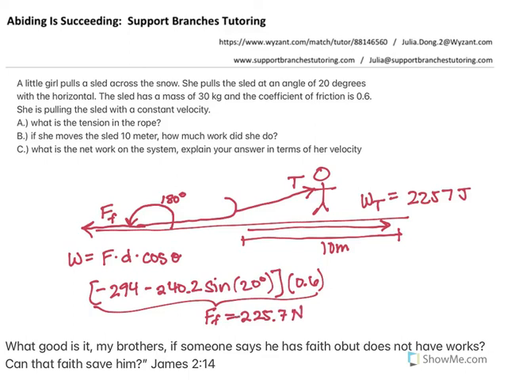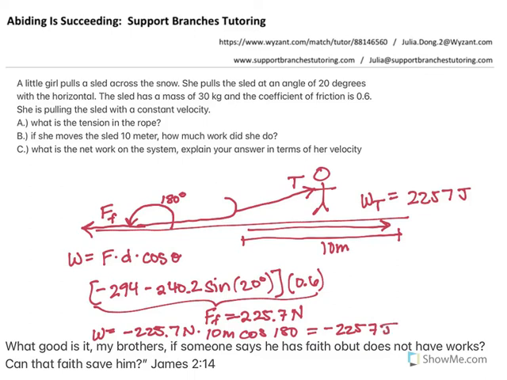And so if we want to calculate the work from that, we would have 225.7 newtons times 10 meters times the cosine of 180, which is just -1. And we get -2,256.7 joules.